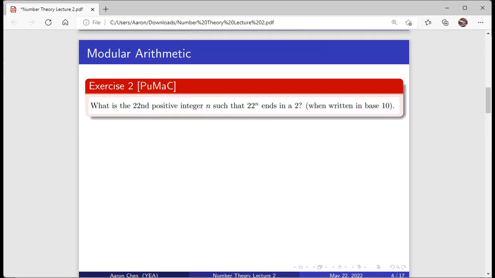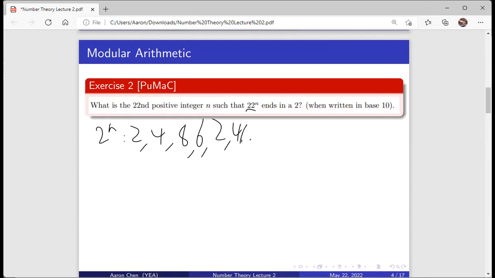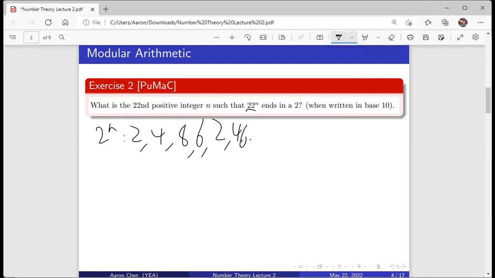The last digit of 22 to the n is basically the same as the last digit of 2 to the n. And so that just repeats 2, 4, 8, 6, 2, 4, 8, 6, and so on. So once again, it's every 4.